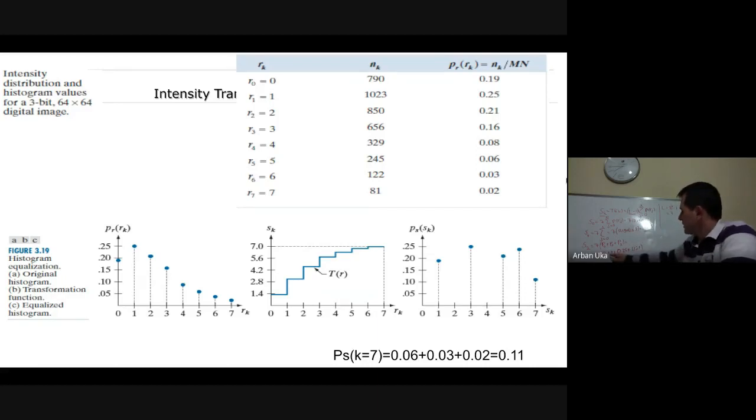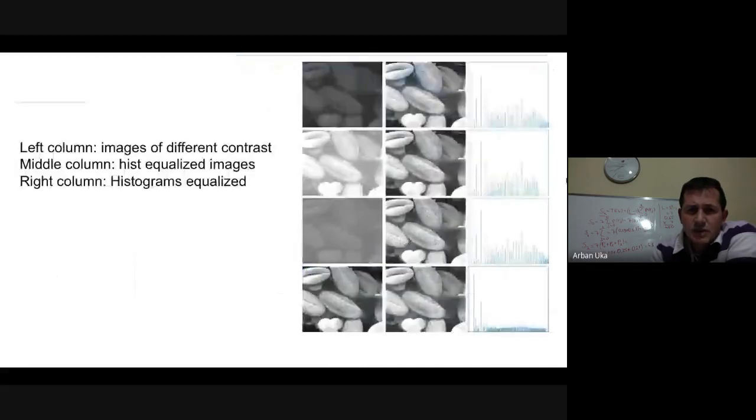So we have approximately 0.65 times 7, which is about 4.6, and this is what we observe in the next graph. So this is the algorithm which can be used to modify the histogram from an initial given pixel intensity distribution.